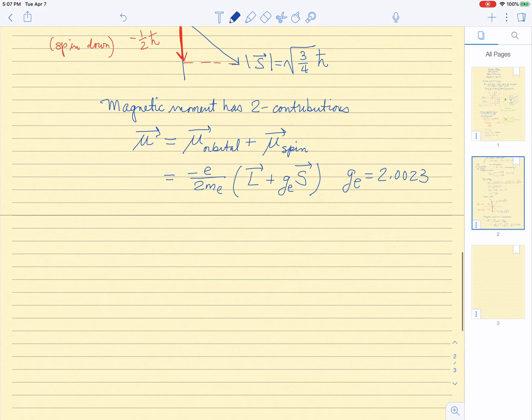Again, please remember that the electron is not really spinning at all.